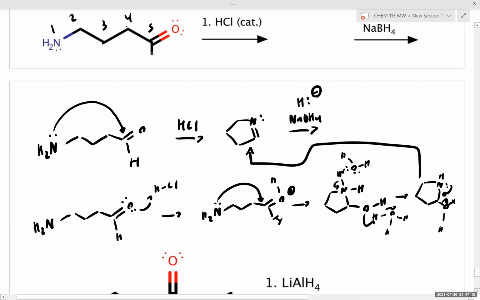What happens when you treat this imine with a reducing agent? Of course, hydride will reduce the imine down. And that gives us the corresponding amine.